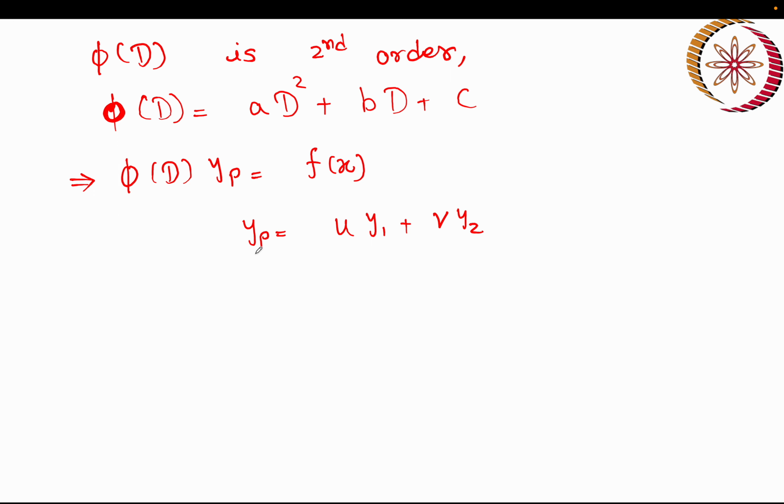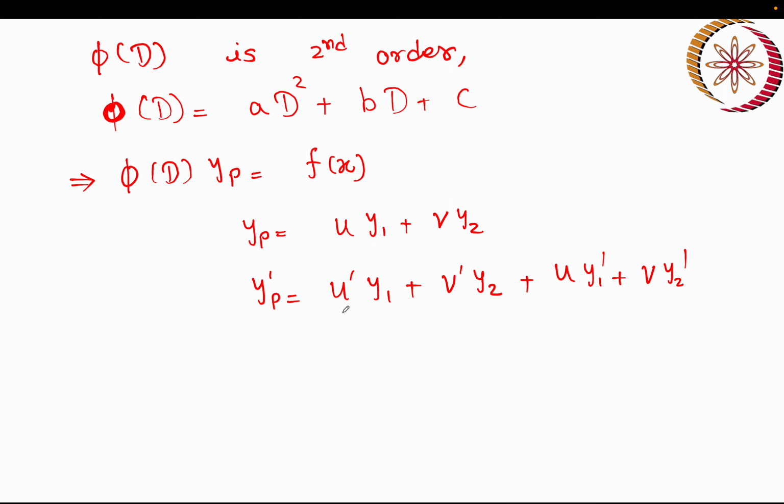Okay, so what we can do is take the first derivative of this. So yp prime equals u prime y1 plus v prime y2, and then the terms from taking the derivative, u y1 prime plus v y2 prime.